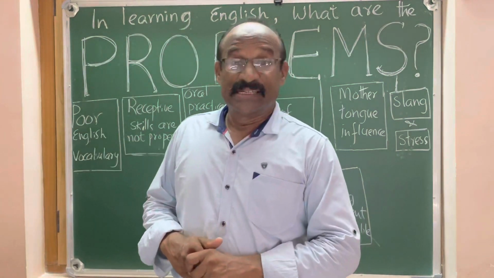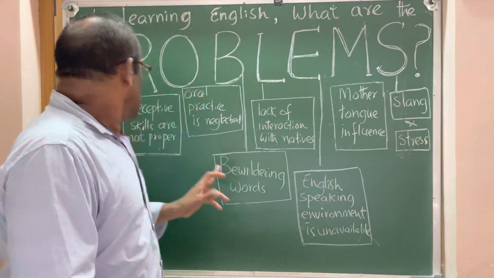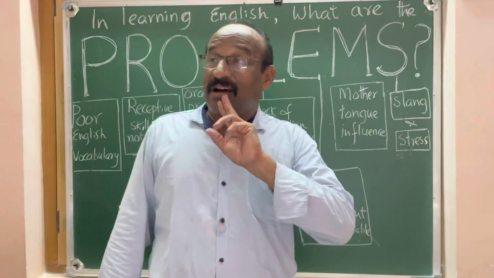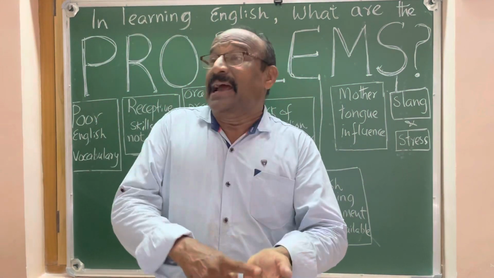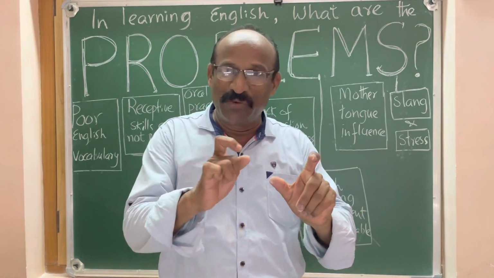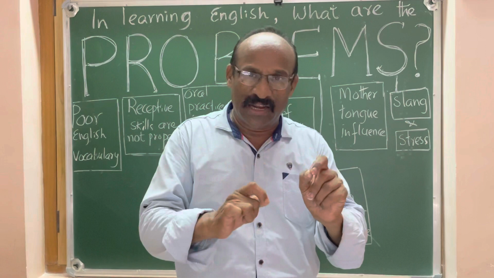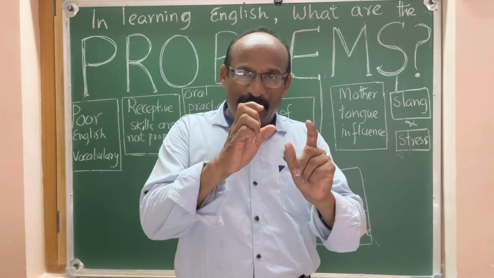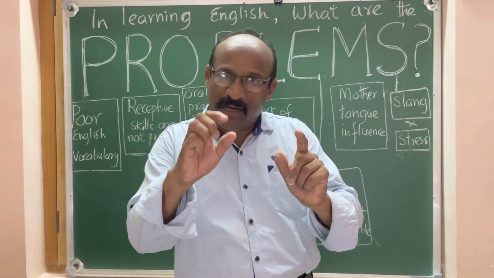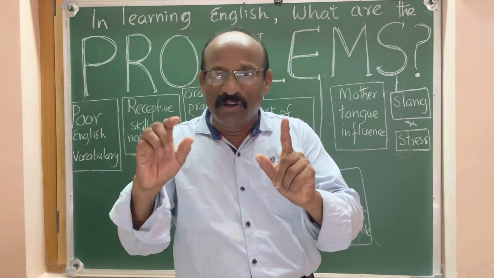One more thing is poor English vocabulary, and the spelling and the pronunciation are not well matched. For example, in other languages, if you read letter by letter, the combination of letters will be the word.